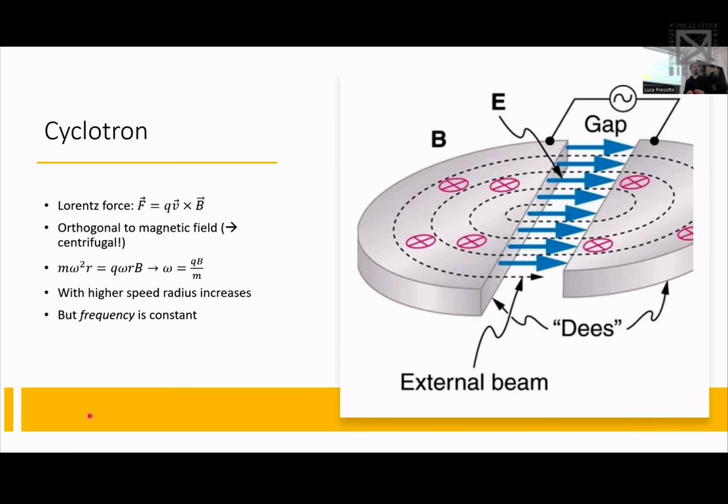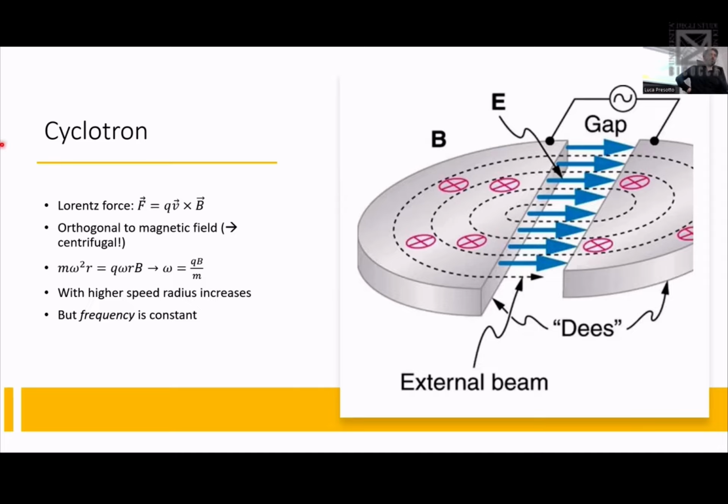I don't know if you've seen them. It's basically a very big magnet that exploits the fact that, using the Lorentz force, a charged particle will move in a circular motion. Even when it's accelerated, it still rotates with the same angular frequency.